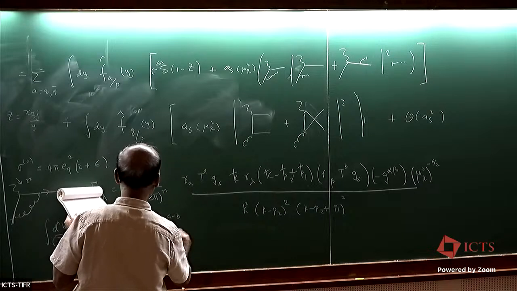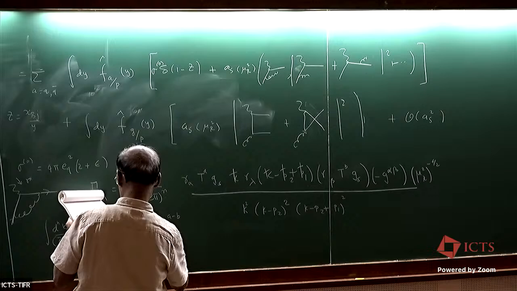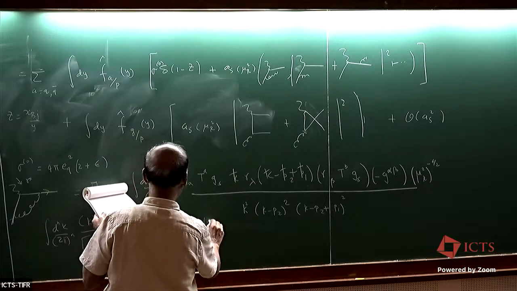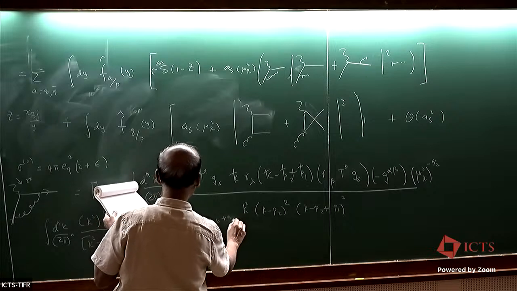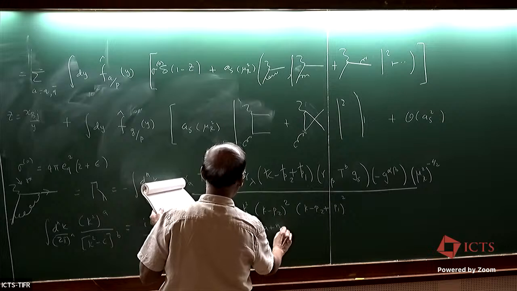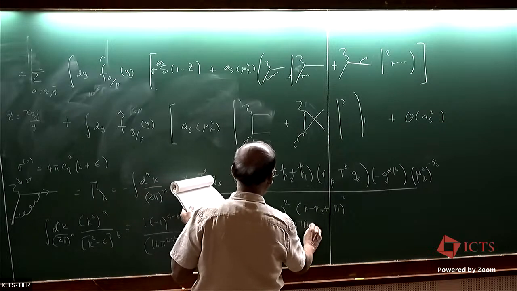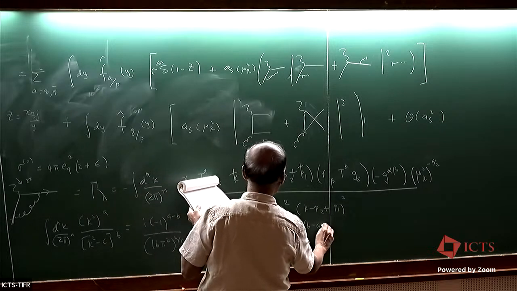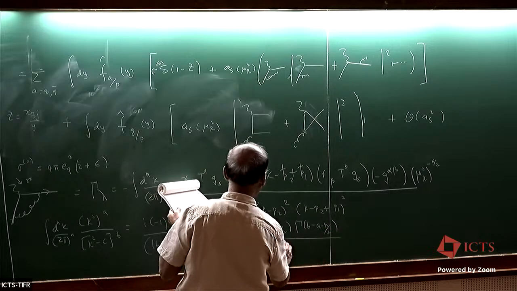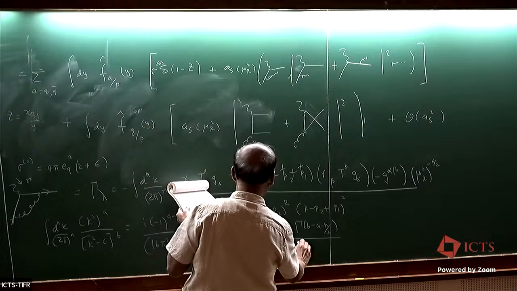This is also derivable, but I'm not deriving it here: i over (4 pi)^(n/2), c^(a minus b plus n/2), gamma of a plus n/2, gamma of b minus a minus n/2, divided by gamma of n/2, gamma of b.